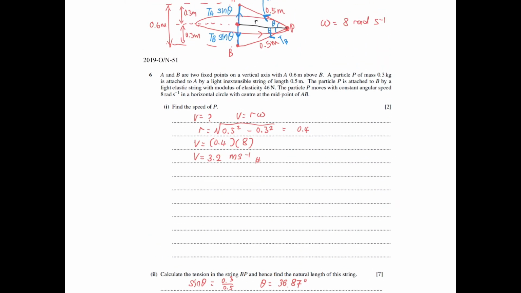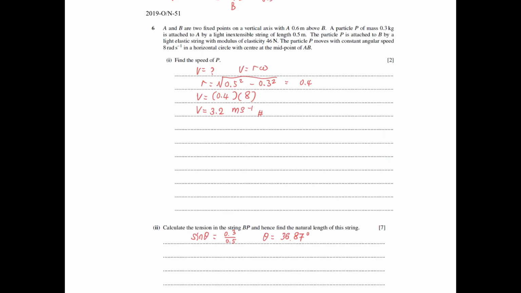Okay, now we can get TA sine theta already. TA sine theta is equal to TB sine theta.